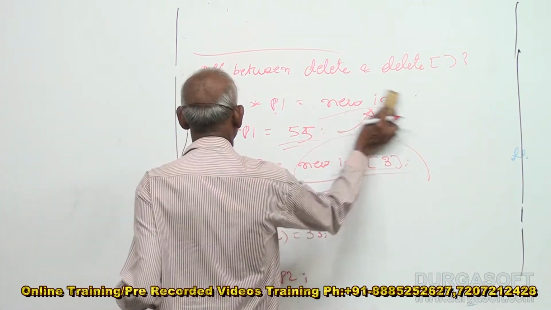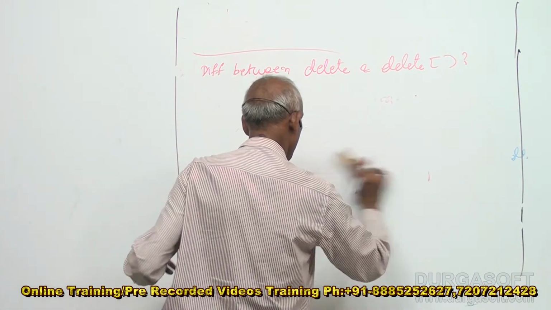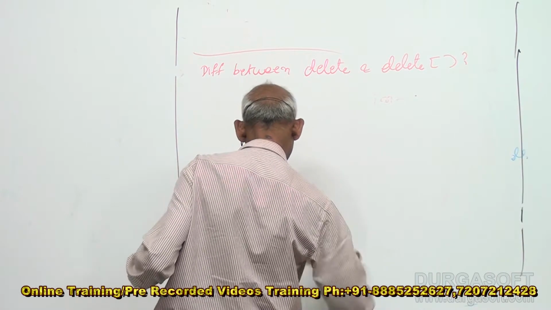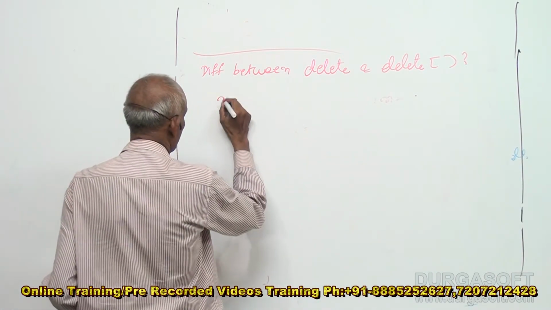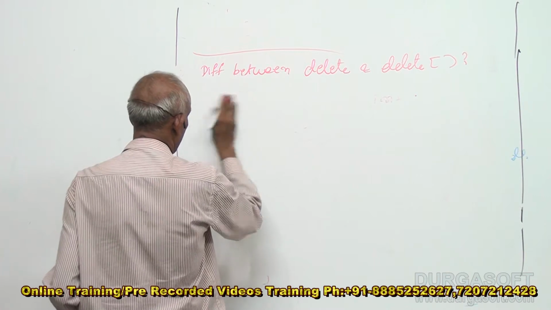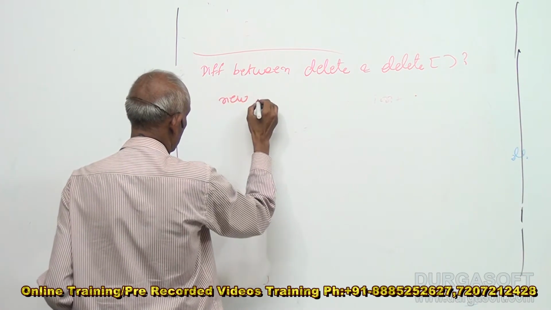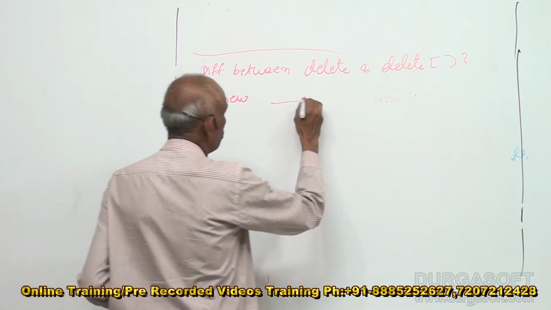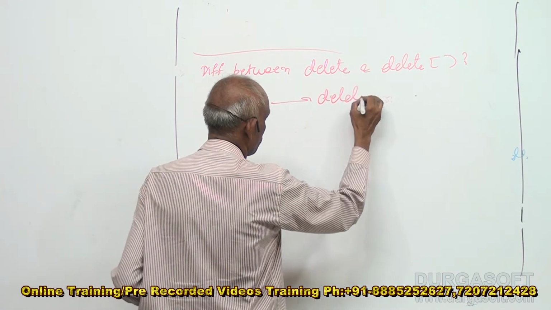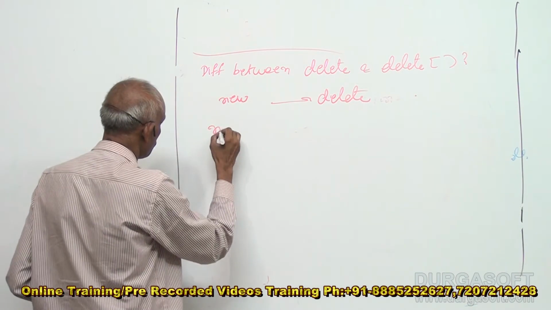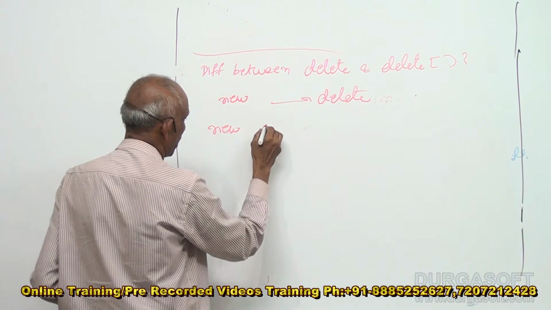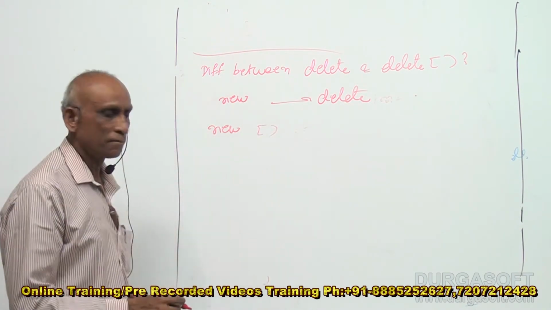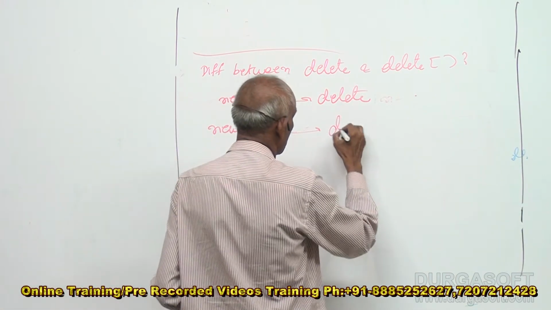Means if you use new to allocate just one variable, then we use delete to deallocate that variable. If you use new to allocate an array, then use delete array.